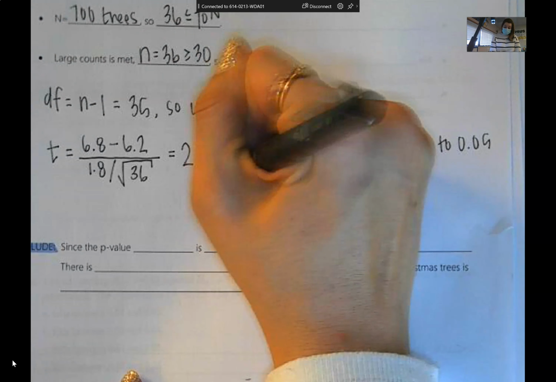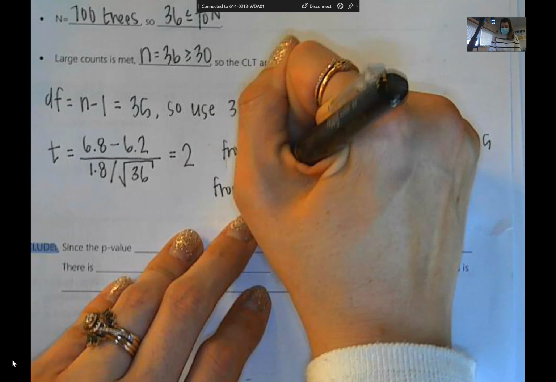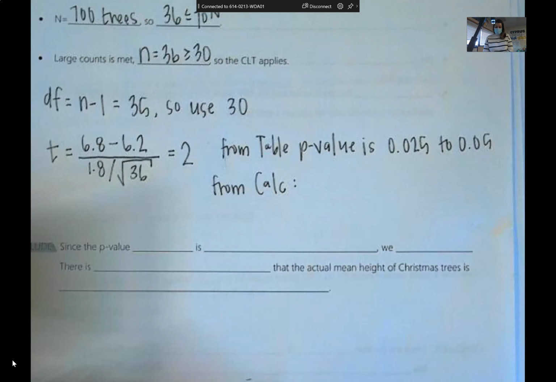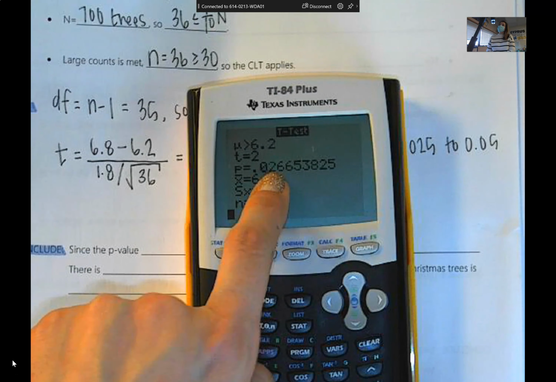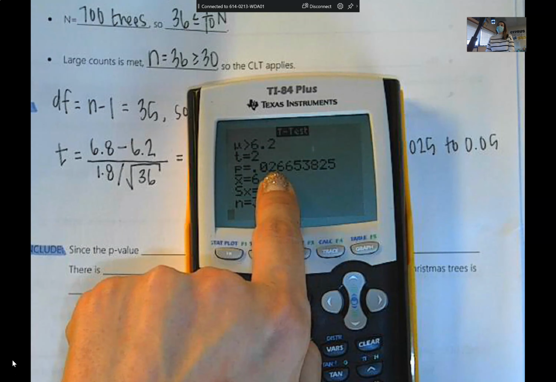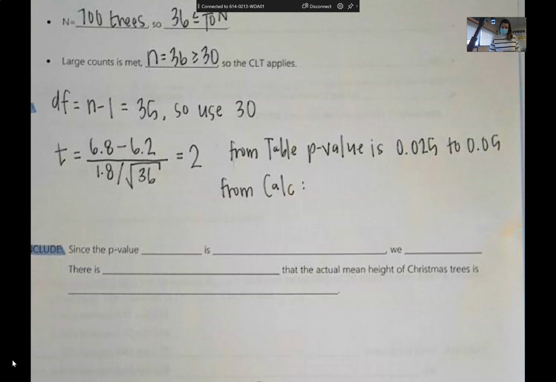From your calculator, the p-value is 0.0267.